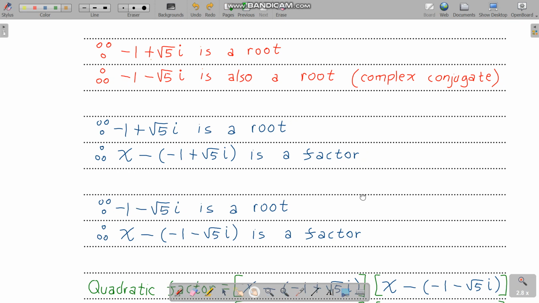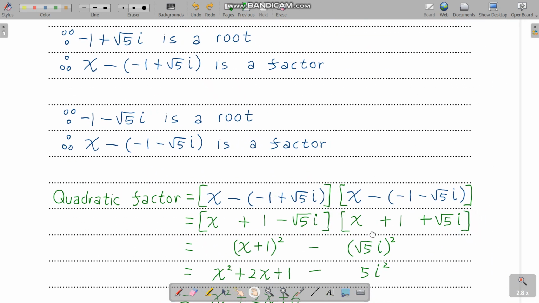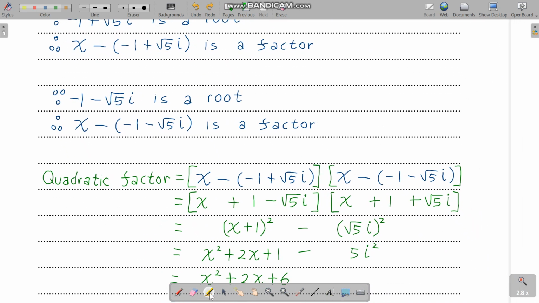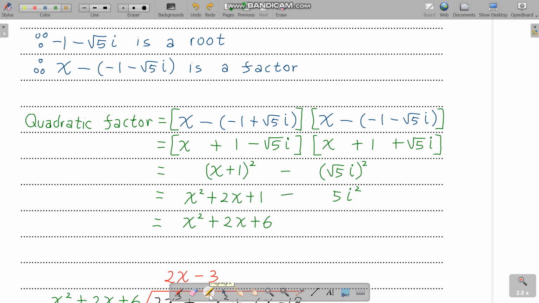So we multiply the two linear complex factors. From these two we get the real quadratic factor. Just open up the brackets: x plus 1 minus root 5i, x plus 1 plus root 5i, the difference of two squares.